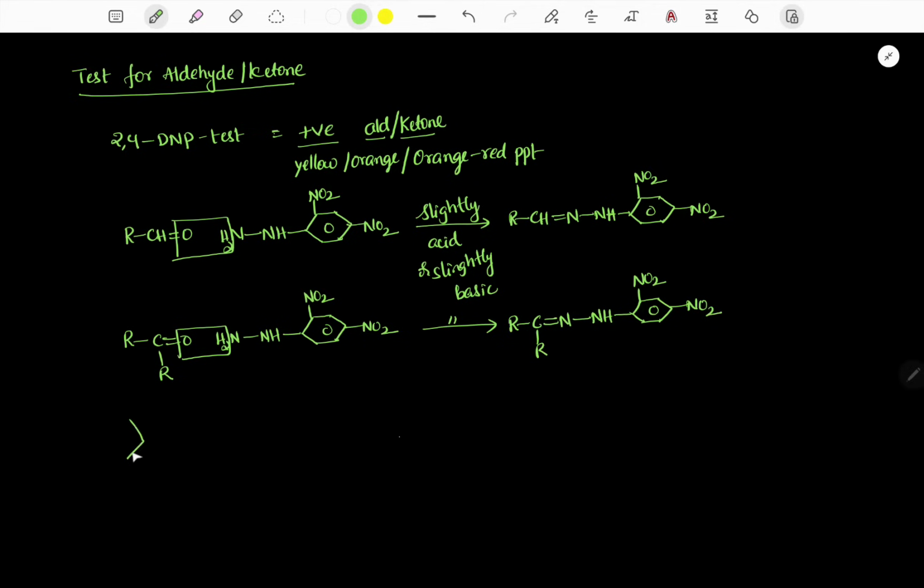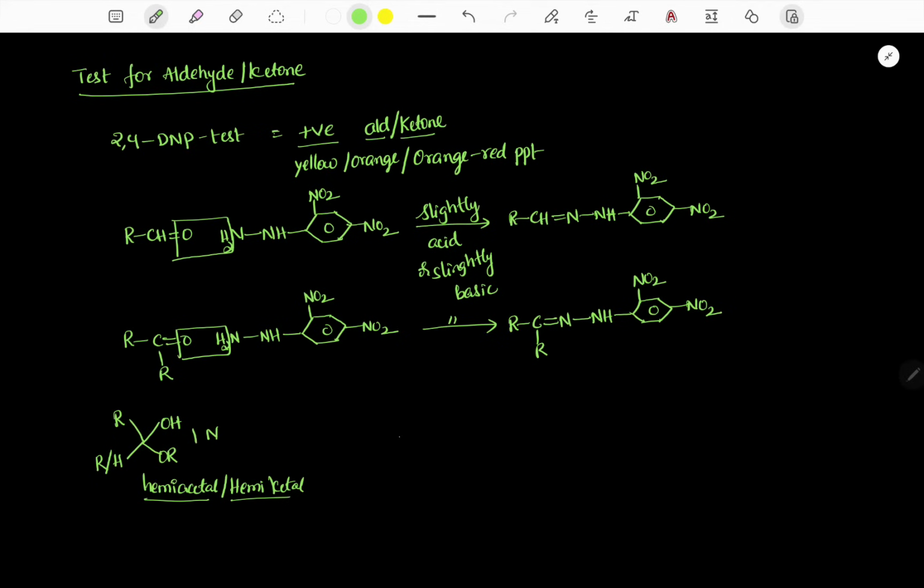Similarly, hemiacetal and hemiketal also. It is a hemiacetal or hemiketal. If one group is R and another group is hydrogen, that is hemiacetal. If one group is R and another group is also R, then hemiketal.